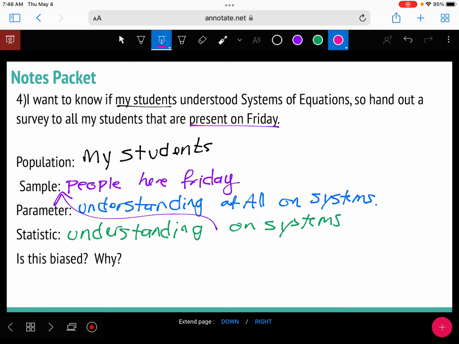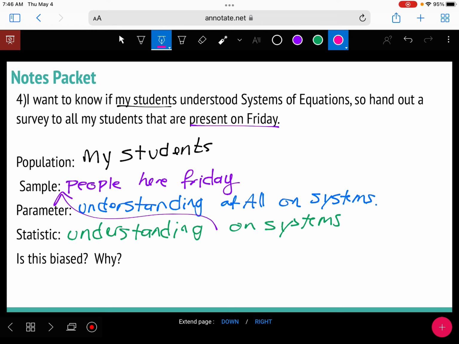I'm not saying you don't care if you're not here on skip day. But if it was the day of the choir concert, everybody has to go out, so I'm not asking any of the choir kids. Or I'm not asking any of the people that go on field trips, and there were like four field trips that day. So if there were other extenuating circumstances, it could be biased. But as it reads, I'm okay with this one. This one feels okay to me.